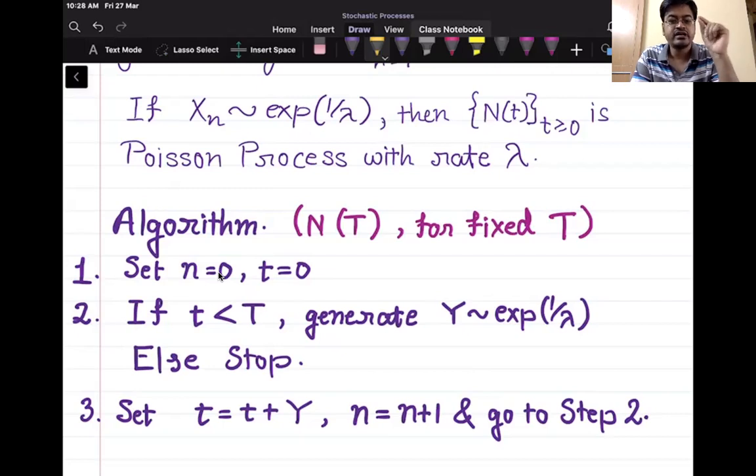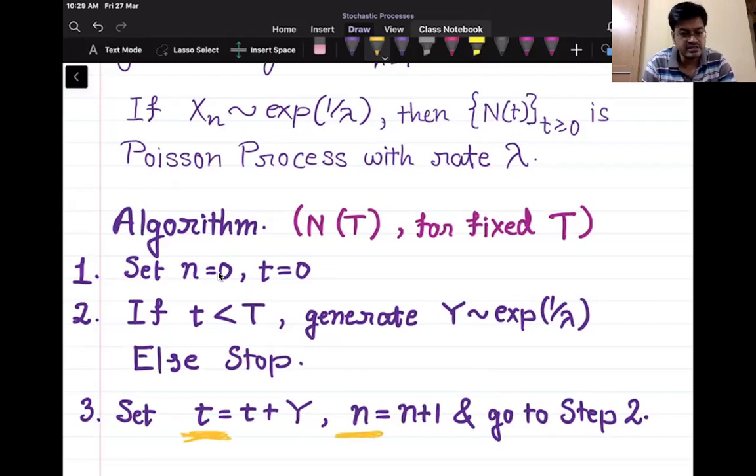Remember, this is nothing but a random time at which the first event has occurred. So then I will add that random time to my time. Therefore, I will set t equal to t plus Y, and I have to count the event, so N is equal to N plus 1, right?